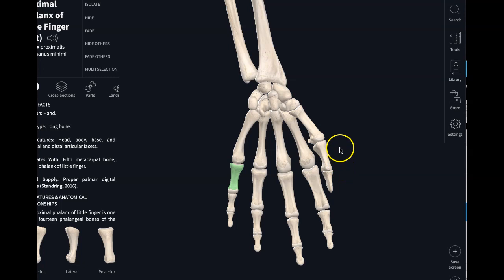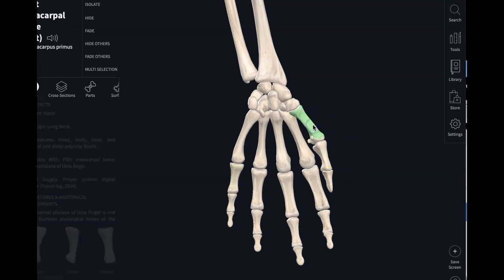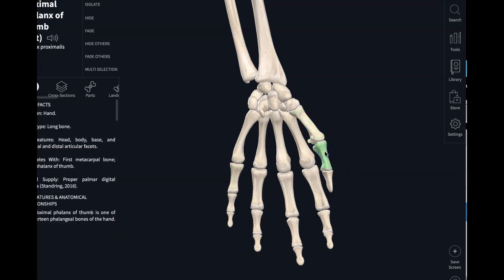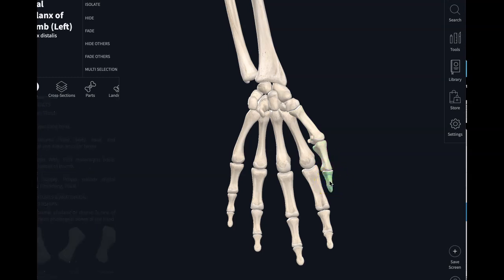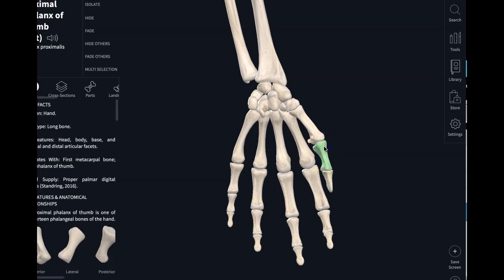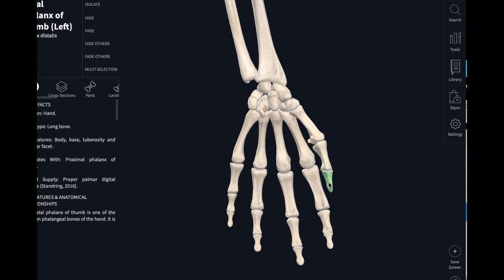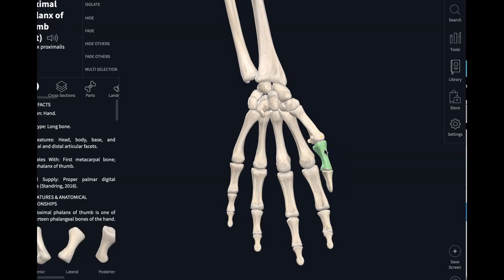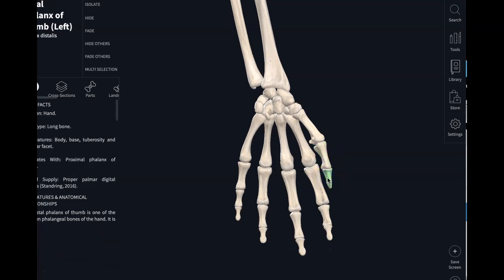But if we look at the thumb, we go, here's the metacarpal number 1. Here's proximal phalange number 1. And then there's this guy. There's only 2 phalanges. We have a proximal and a distal phalange on our thumb side. Proximal phalange 1, distal phalange 1.